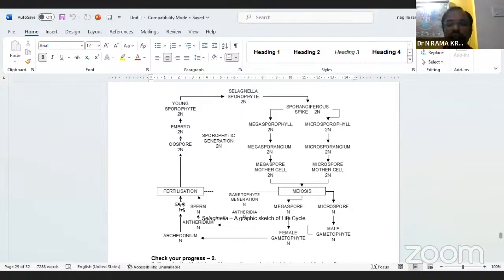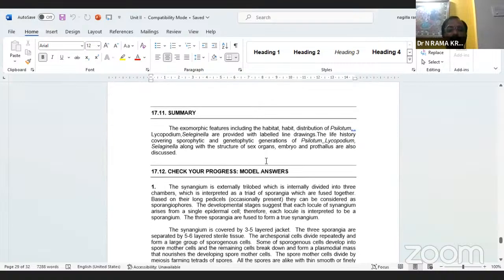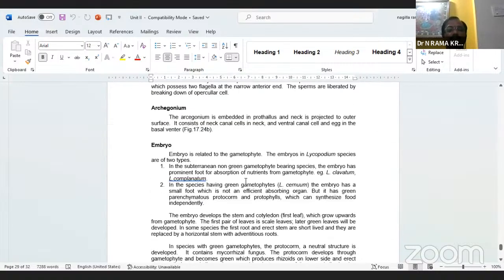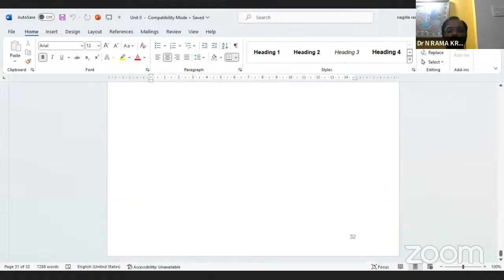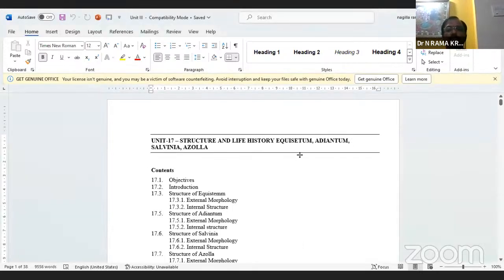Selaginella. Okay, so that covers the external characters, internal characters and life history of Selaginella. After Selaginella, we are going to one more topic, that is the Equisetum plant.